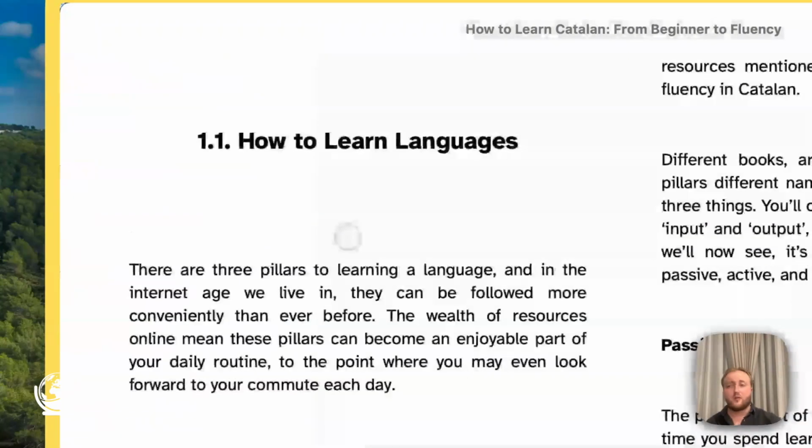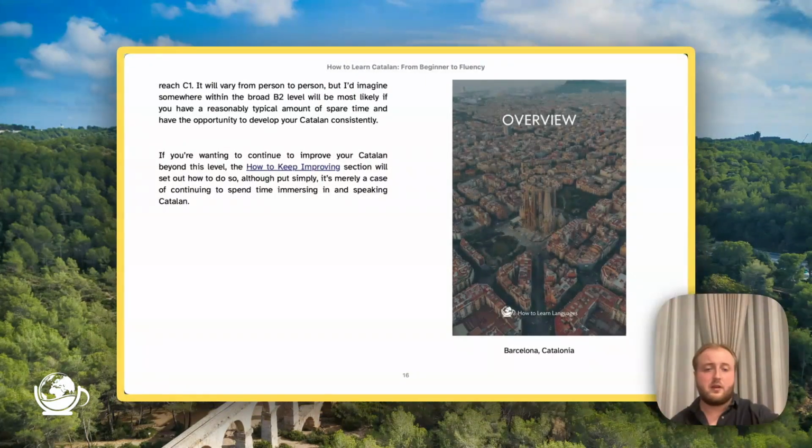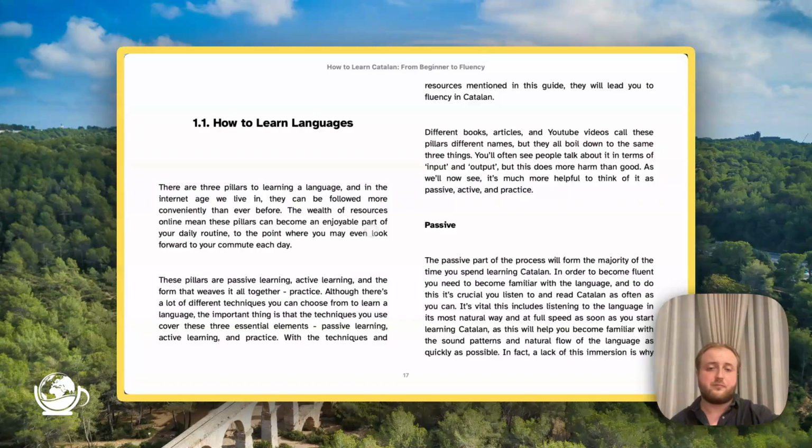So to go into those now, in the overview part, we see that there are 3 key pillars for learning any language, and these are passive learning, active learning, and practice. Passive learning, fortunately, is arguably the most important element and also the easiest element to incorporate into our daily routines, simply because it is, as it says, passive.